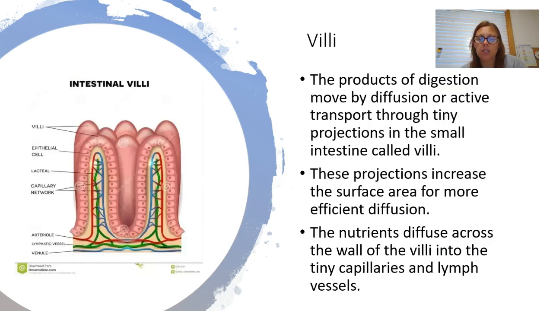The nutrients diffuse across the wall of the villi and into the capillaries and some lymph vessels there. So glucose and amino acids are absorbed into these capillaries here, while our fatty acids and our glycerol move into our lymph vessels.